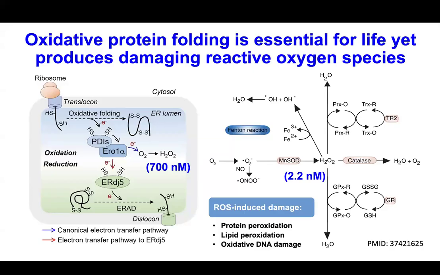So we have a variety of mechanisms to detoxify H2O2 in the cytosol, but what happens to the ER membrane, where a lot of crucial biological processes happen, like ribosomal protein translation and a lot of oxygen-dependent reactions?